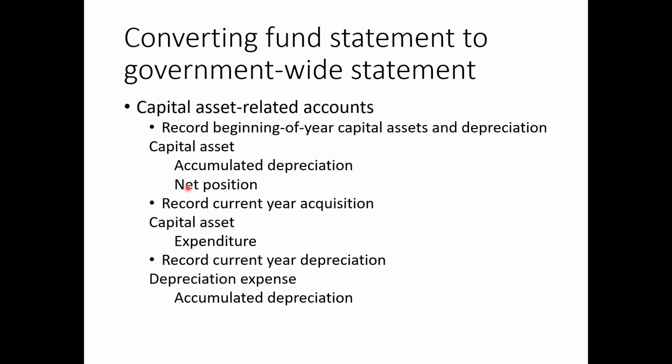And here we're going to add a net position in capital net position, and we're going to record the current year's acquisition by reducing expenditures and increasing capital assets. Because when we record it during the year, all these are expenditures. Now in the government-wide statement, they become capital assets. And then we're going to do the current year's depreciation. This is regular depreciation, right? We have seen: debit depreciation expense, credit cumulative depreciation. So by doing this, we adjust the capital assets and the depreciation accounts.